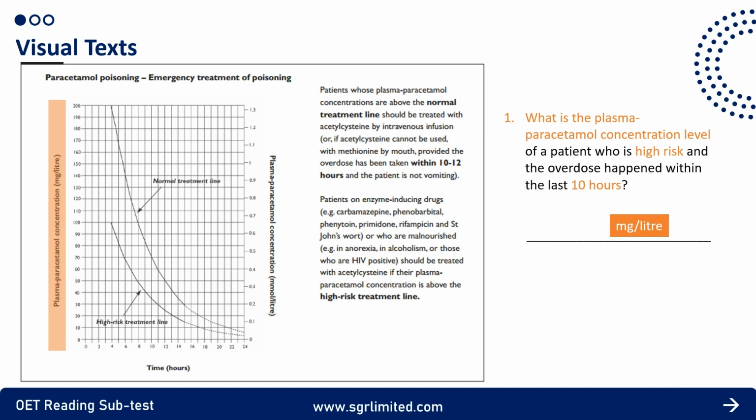Next, I will use the clues 10 hours and stop on high risk. From there, I will move to the left to find my plasma paracetamol concentration level, which is 35. So my full answer is 35 milligrams per liter.